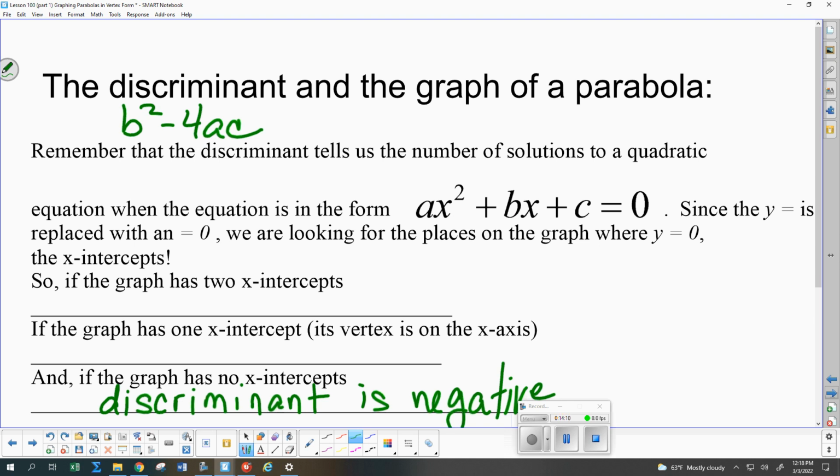What numbers did the parabola cross the x-axis at, Cooper? It'd be those exact same two answers. So if I have two real answers, then the parabola crosses at those same two real numbers. So if it crosses at two places, that means that the discriminant is positive because we have two real solutions.